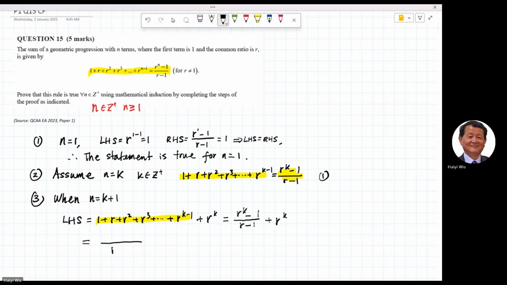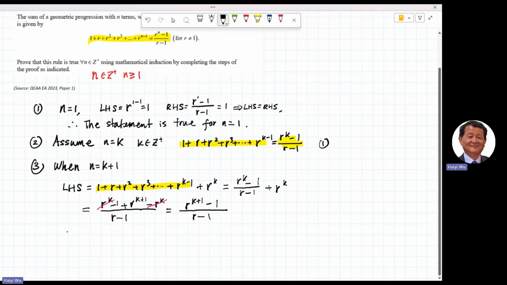With the common denominator, we get r to the power of k plus 1 minus r to the power of k. Now you can see these two cancel out, and I rearrange to get r to the power of k plus 1 minus 1. So that's my left-hand side.